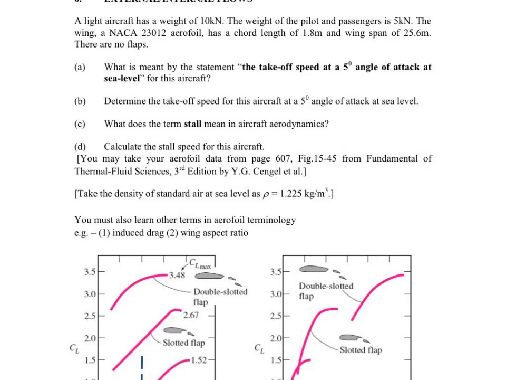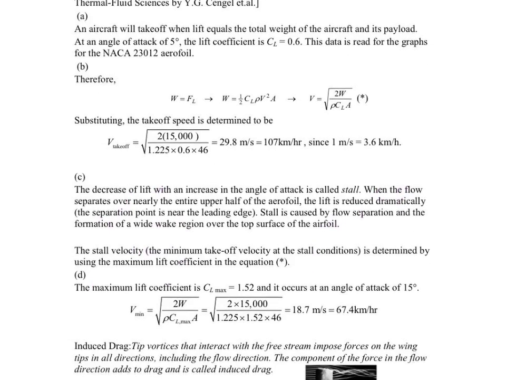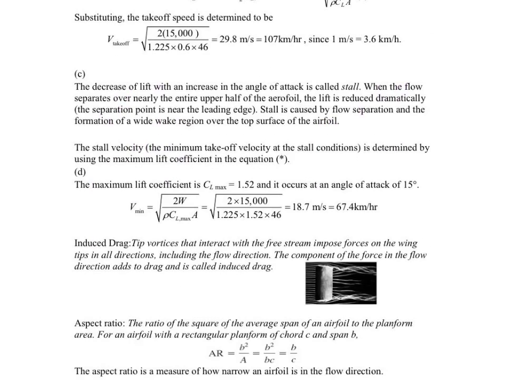Okay, so in this case, we are supposed to calculate the stall speed for the aircraft. Now, if we go up, first we define what is stall. The decrease of lift with an increase of the angle of attack is called stall.